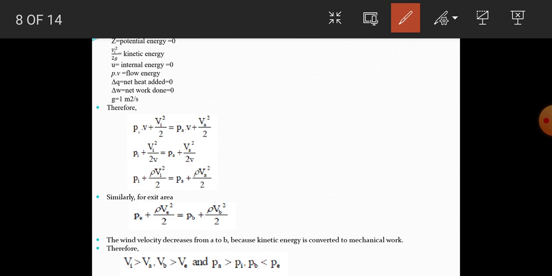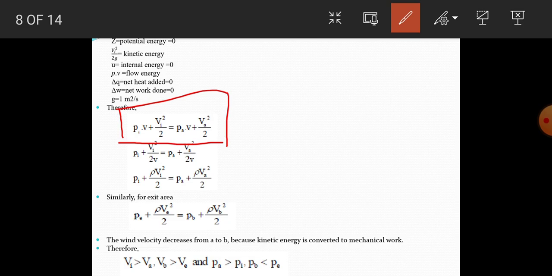So our total energy equation will be PiV plus Vi square by 2 is equal to PAV plus VA square by 2. Here Pi is the inlet pressure and PA is the inlet plane pressure.